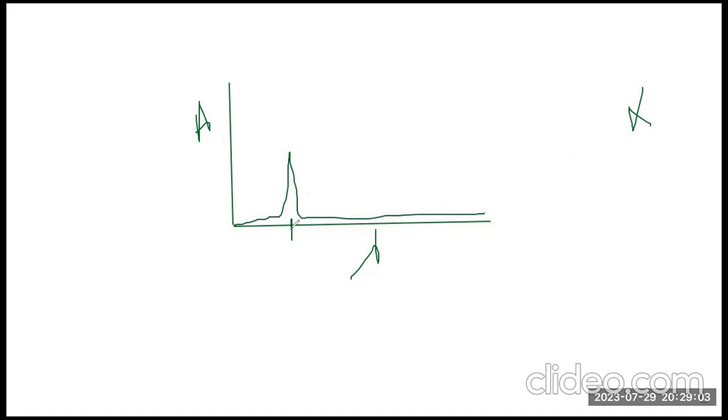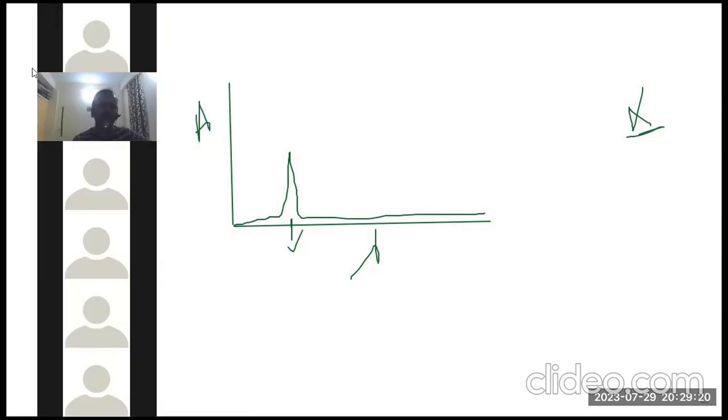From the wavelength, I can say qualitatively that X is present. But how can I measure quantitatively, how much quantity of X is present? This was also explained by sir, but I am just explaining in a different style.